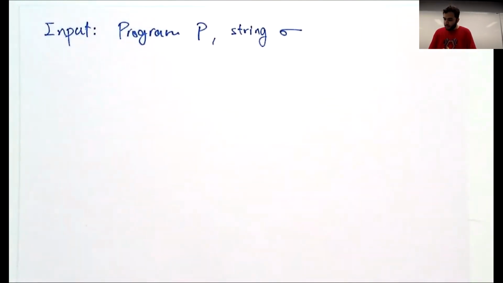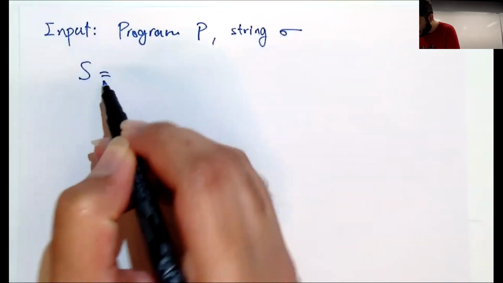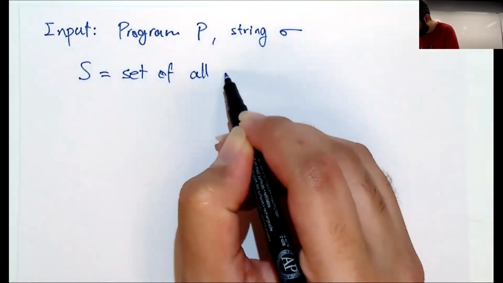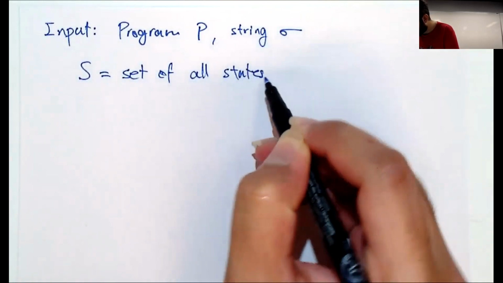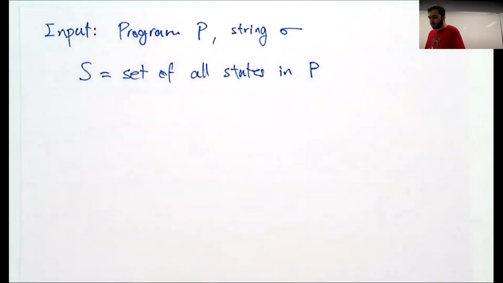So what I can do is that I can consider the set of all possible states in the program P. So let's say that S is the set of all states in P. Actually, I'm not going to be very strict about what I mean by a state, because again, at the beginning of this course, we saw that you can define states in many different ways based on how you define your semantics and so on.